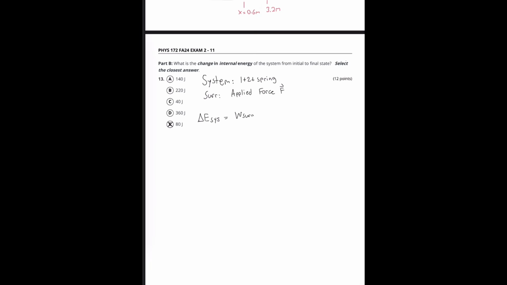So we have translational kinetic energy, which we just calculated in part A, plus change in rotational kinetic energy, which in this case will be 0 because we don't have any angular velocity, plus our change in internal energy, which we're solving for in this problem, is equal to work by the surroundings.